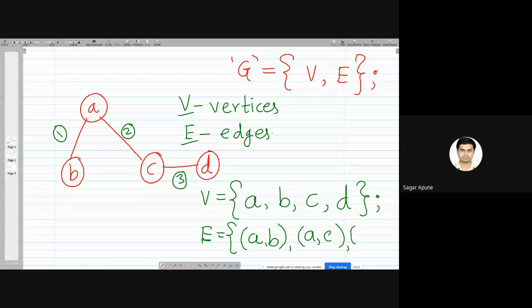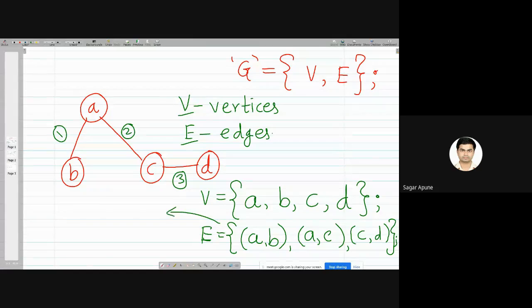So this is the definition of my graph. Graph is a collection of vertices and edges. There are 4 vertices, A, B, C, D, and there are 3 edges, A B, A C and C D.